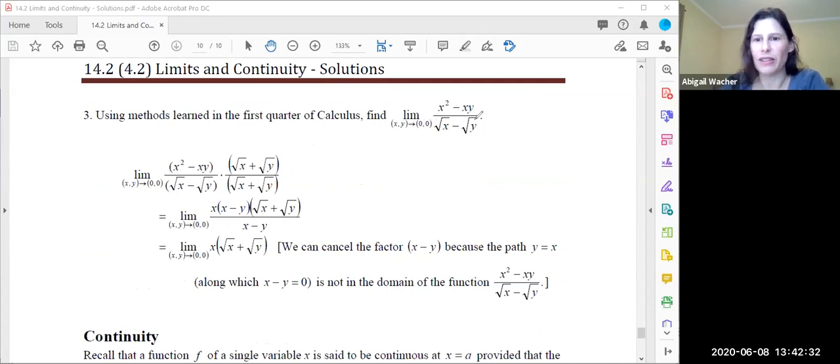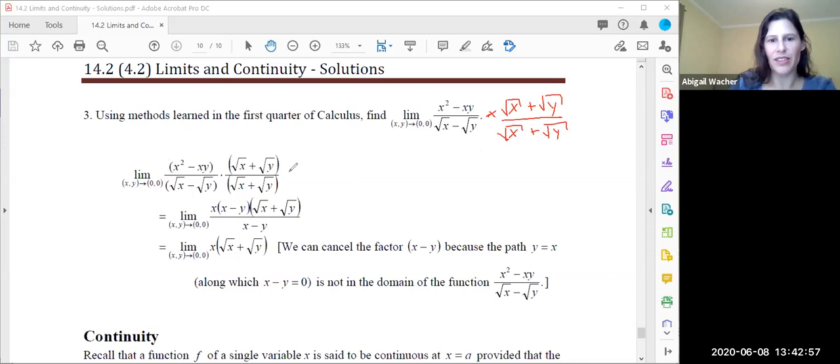So rationalizing, what does that mean? I see the root x and the root y, so I have to multiply top and bottom by the conjugate, root x plus root y, or basically the denominator with a changed sign, because I know that's exactly what I need to multiply to get rid of the radicals in the denominator.